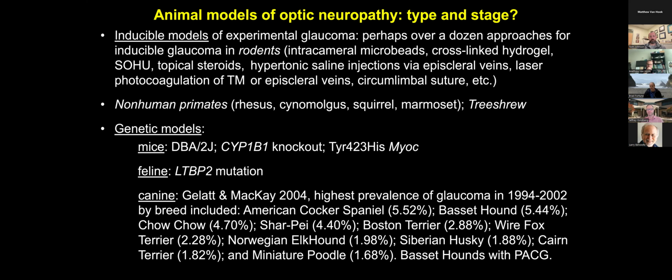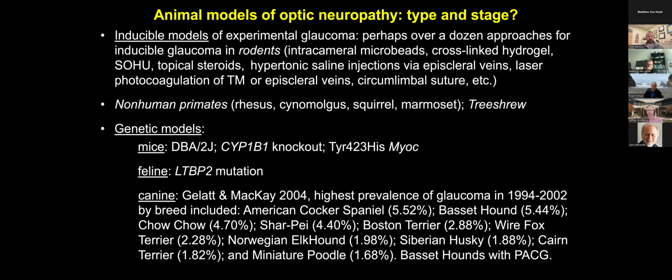And when I say non-human primates, people have been using rhesus, cynomolgus, squirrel monkeys, marmoset to do experimental glaucoma. There are genetic models, of course, the most well-known being the DBA2J, which is a high IOP model.